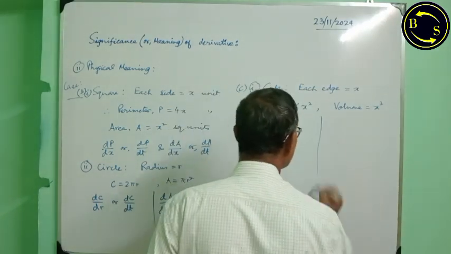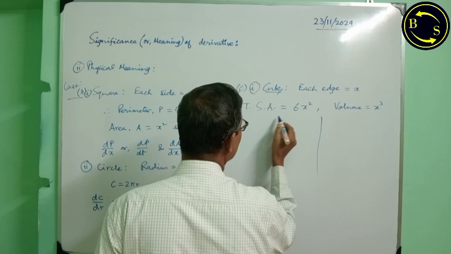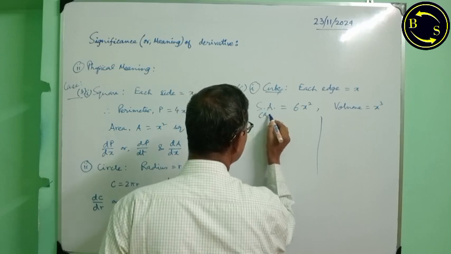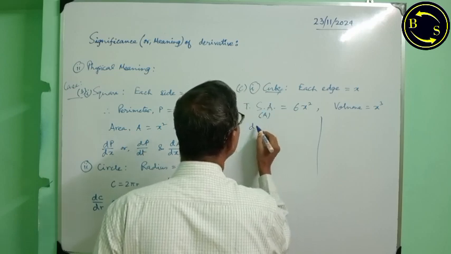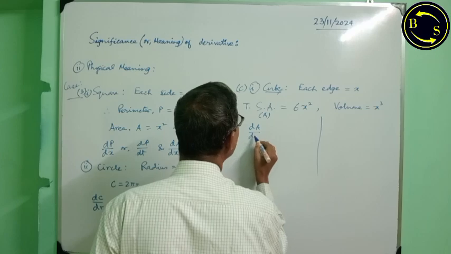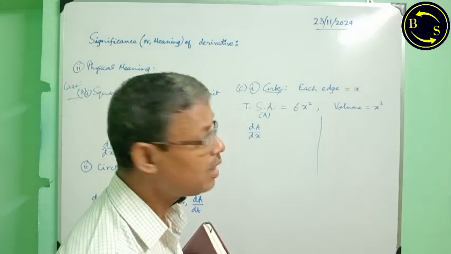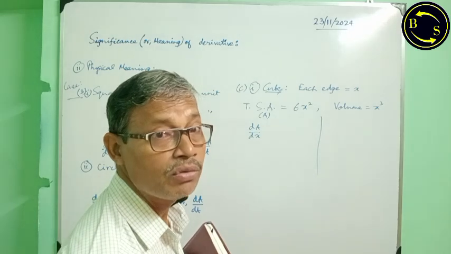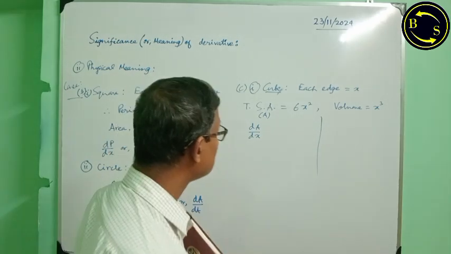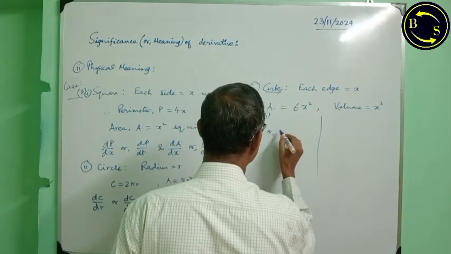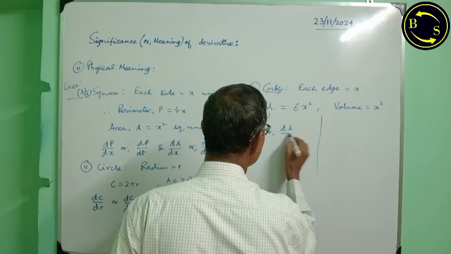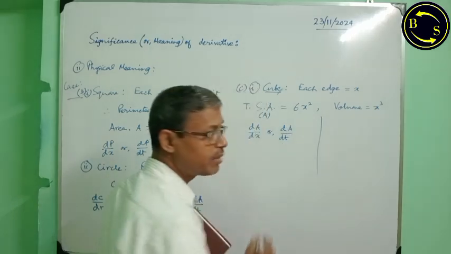Then we consider, if I call it A, dA dx, that means rate of change of surface area with respect to its edge, or dA dt with respect to time.